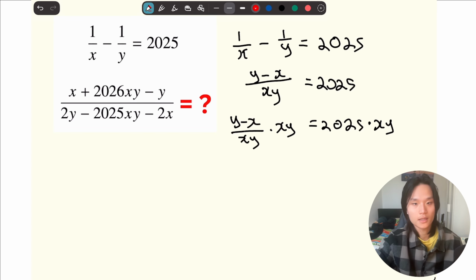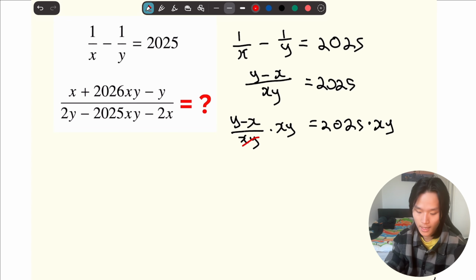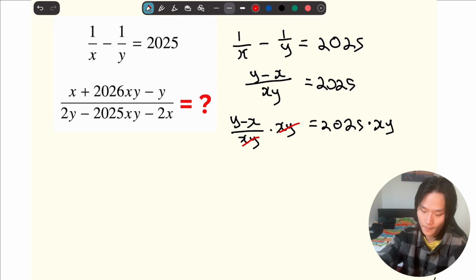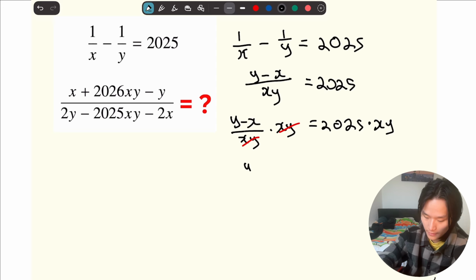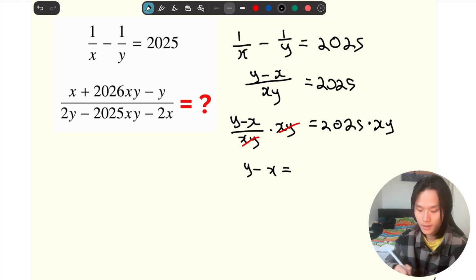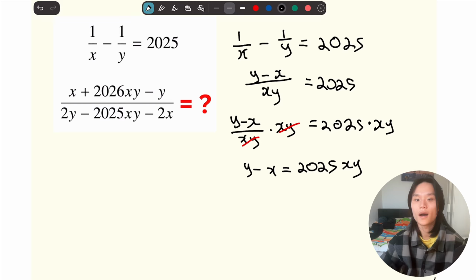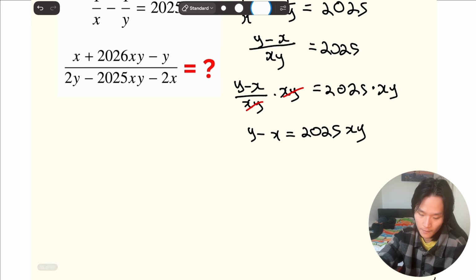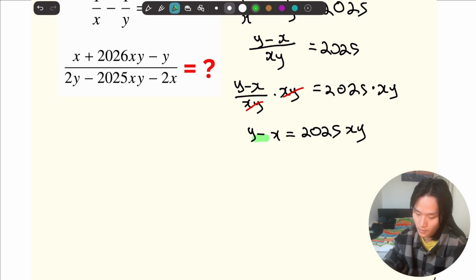So on the left hand side, the xy is cancelled out. So we are left with just y minus x, and that equals 2025xy. Now, keep this expression in mind. It's going to be very helpful to what we do.